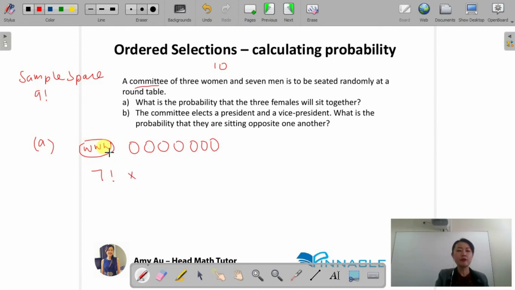And then the females, the 3 women, can rearrange amongst themselves, so that's 3 factorial, which gives you 30240. Okay, so the probability is 30240 over 9 factorial, which gives you 1 on 12.